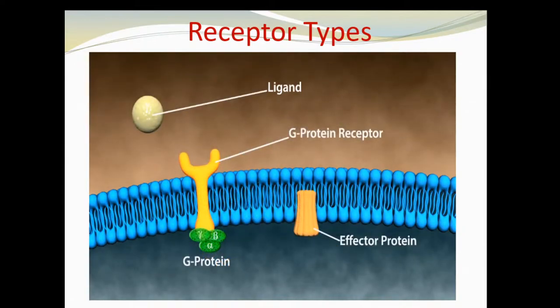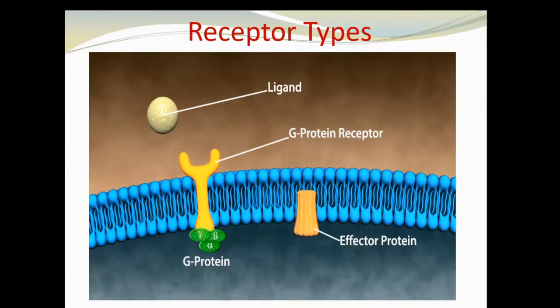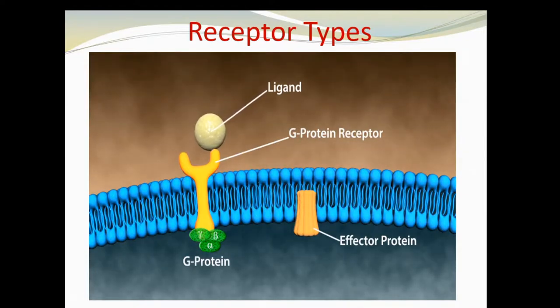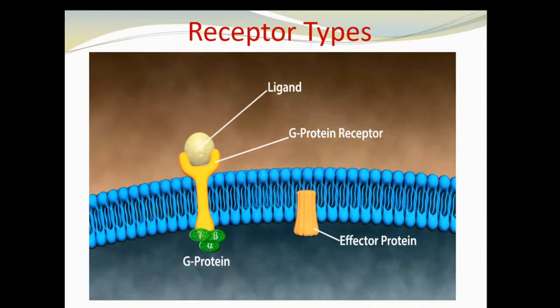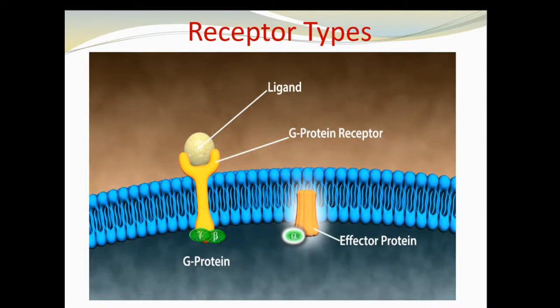With the G protein-coupled receptor, first the ligand binds to the receptor, which causes structural changes in the receptor and in turn changes the shape of the G protein, which converts GTP to GDP. This leads to the separation of the alpha subunit from the beta and gamma units. This in turn activates other enzymes and effector proteins.